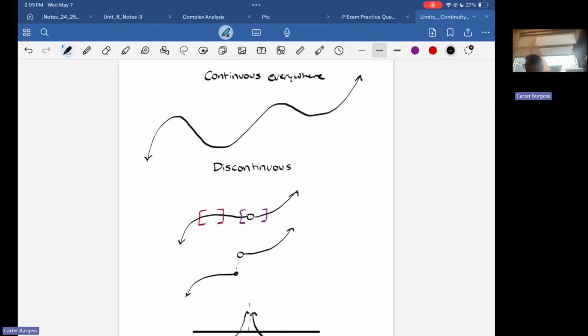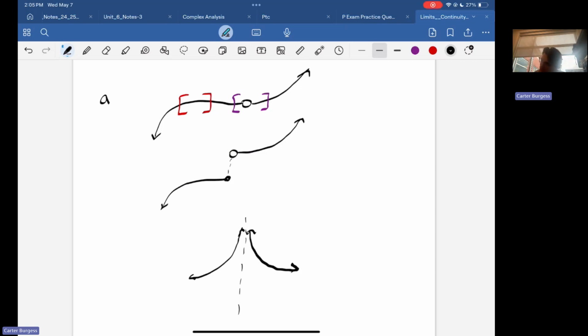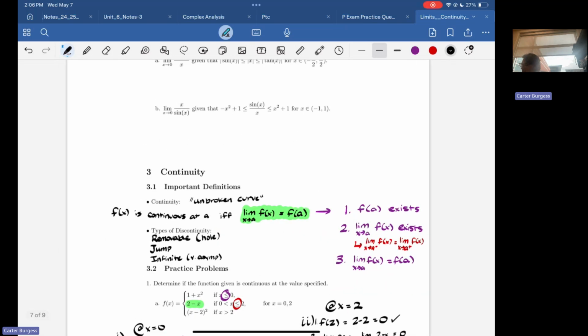So of these examples that I have here, we'll label these as A, B, and C, no particular order. Which one represents a function with a hole in it? A, okay. If A is discontinuous, where is it failing?